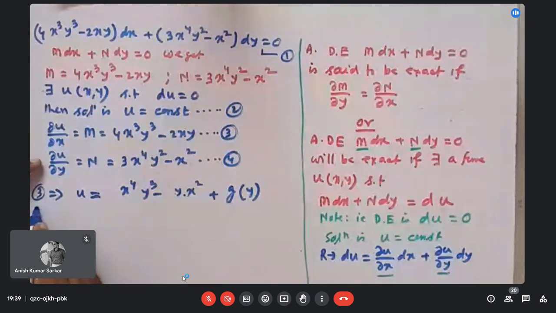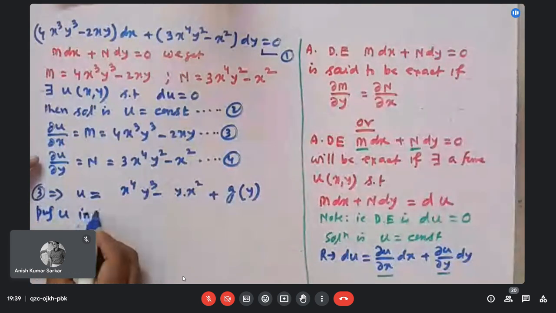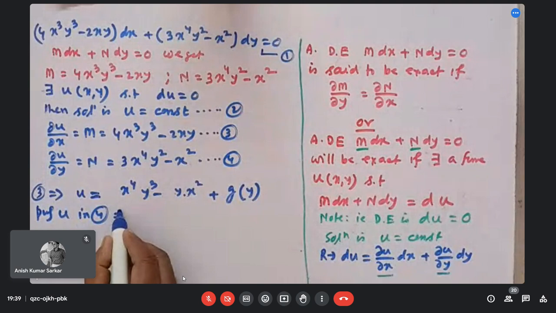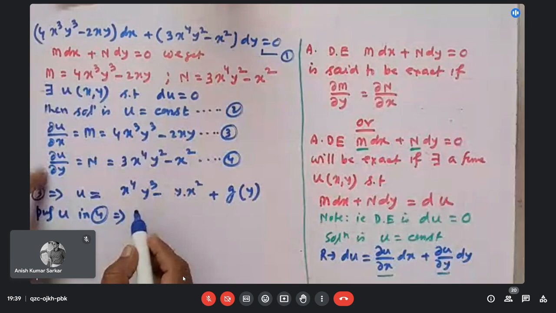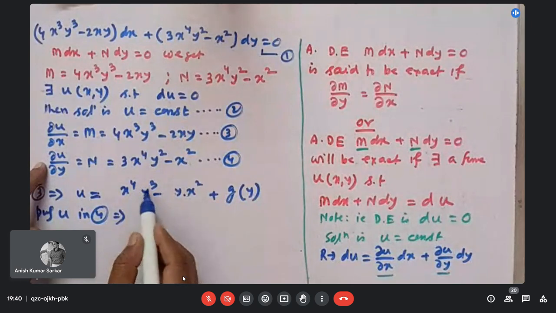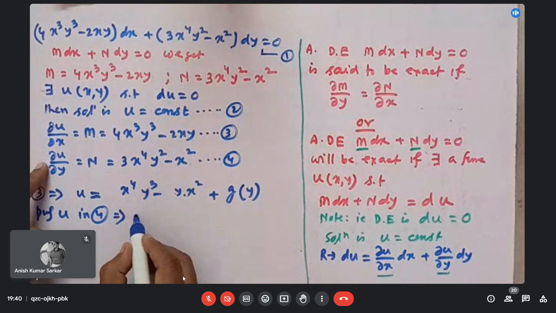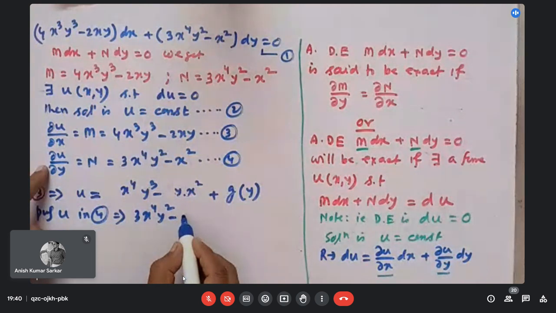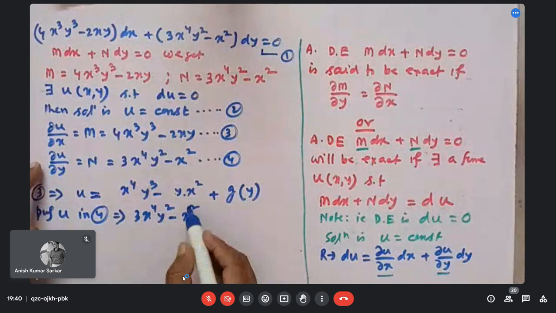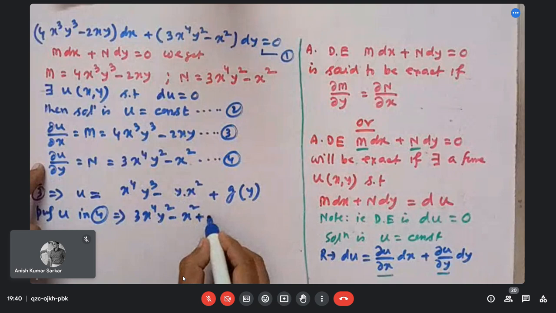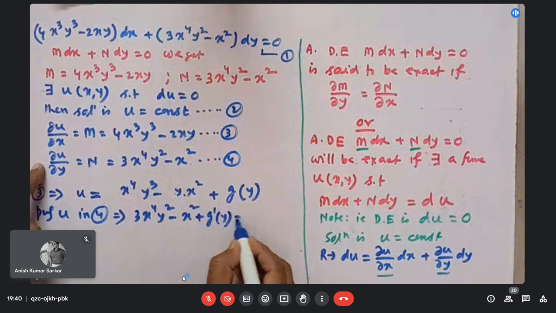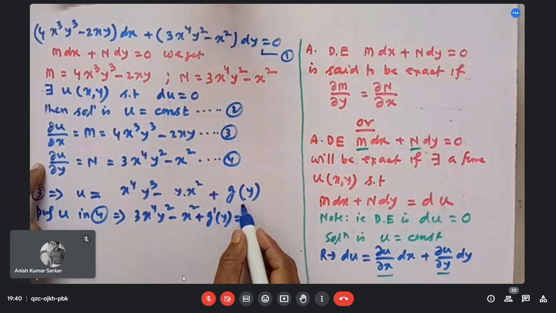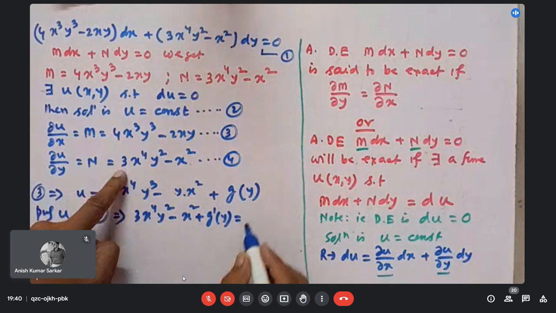Putting u in 4 we get, what are you getting? If you put u here, then differentiate with respect to y, this will become 3x to the power 4 into y square minus x square, derivative of y is 1, plus g dash of y is equal to this thing.